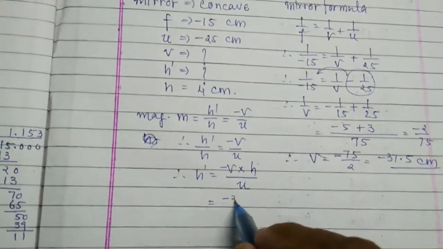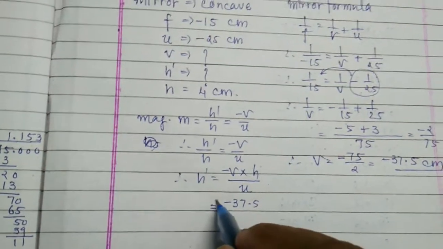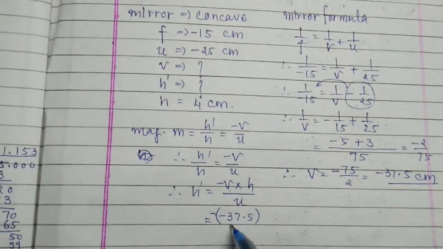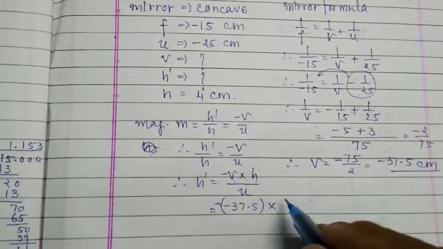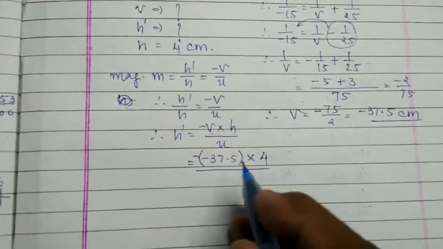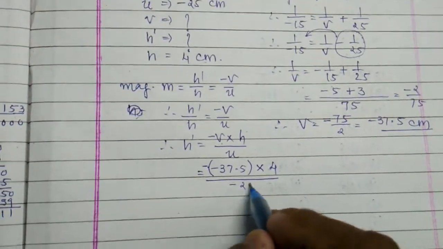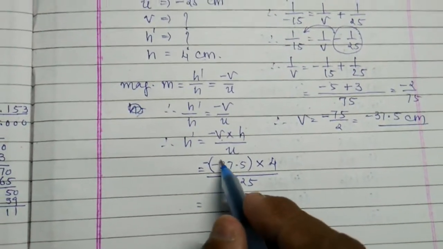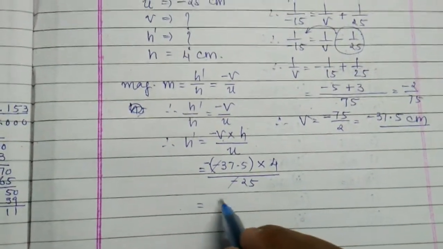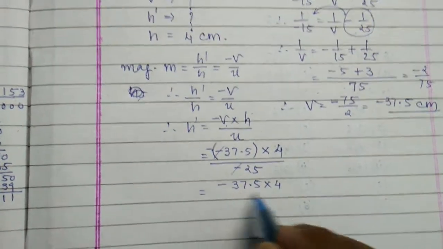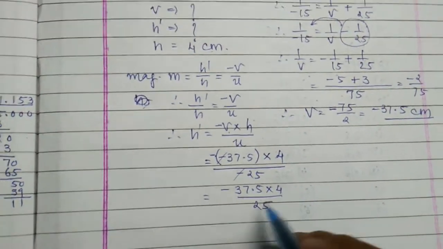Minus v, with v equal to minus 37.5, again minus, this minus. h is equal to 4 centimeter, and u is minus 25. So here this minus and this minus cancel. So minus 37.5 into 4 upon 25.